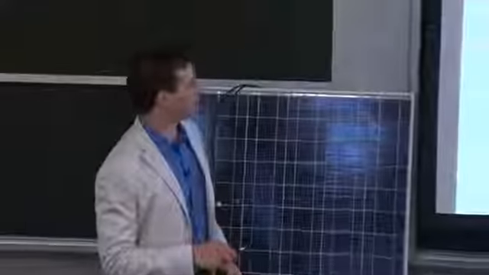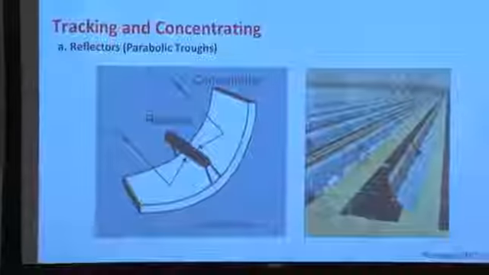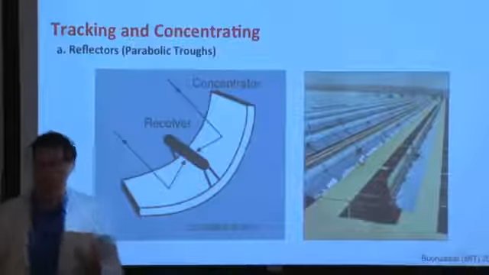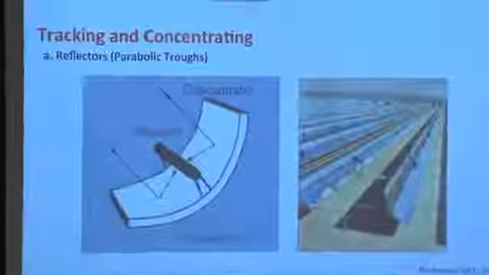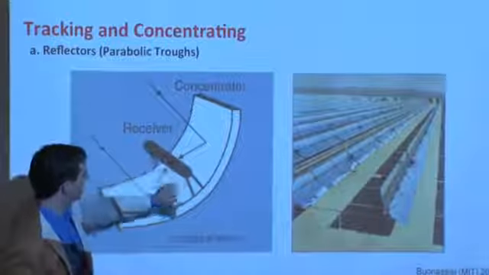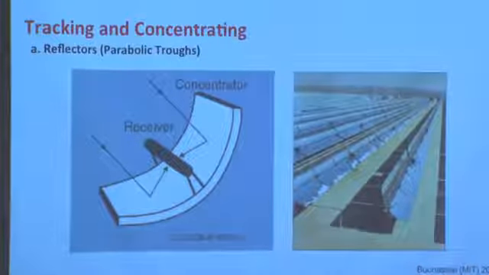The most common one are sunlight coming into some sort of reflector and then concentrating the sunlight into a thin tube that contains your high heat capacity material, liquid usually. So a glycol-based liquid or even a salt sometimes. It has to have a high heat capacity. In other words, it has to be able to absorb a lot of heat and retain it.